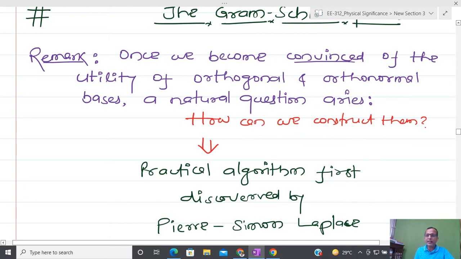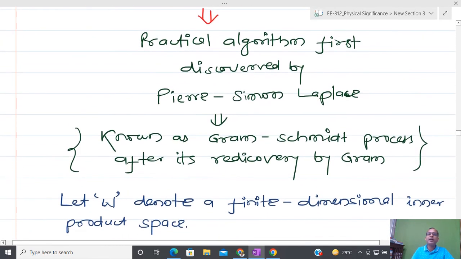And that algorithm was actually given by Laplace. Later, I think around the 18th century, it was rediscovered by Gram and Schmidt. Due to that, this whole process of constructing an orthogonal or orthonormal basis from any given basis is called the Gram-Schmidt process.